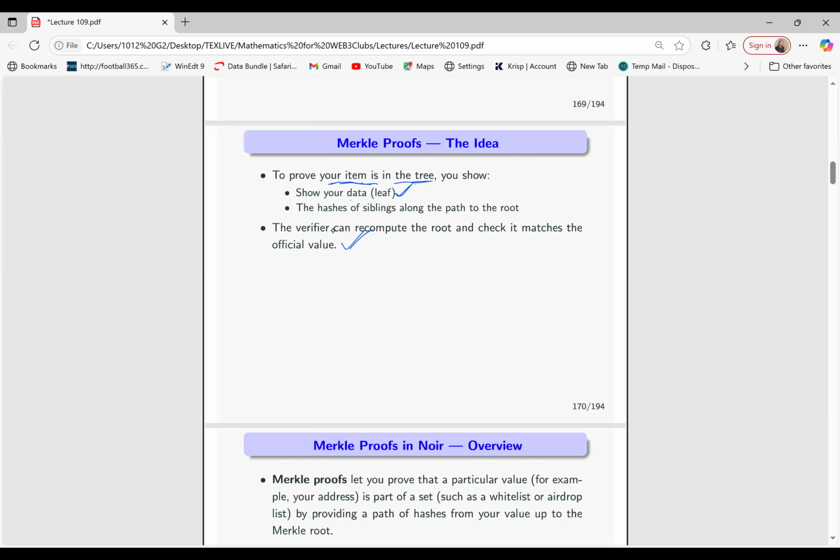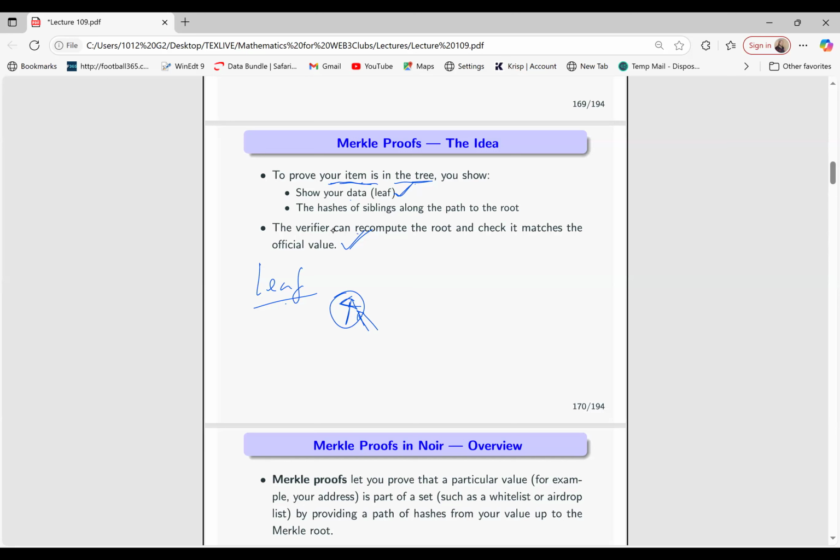That is what the verifier will be doing, because the verifier will not get to know the leaf. Remember, the leaf is what we want to show is part of a set, and we don't want to reveal other members of the set. It is only the prover who knows what the leaf is. The prover may also know the other members of the set, but it's the verifier we are hiding this information from.